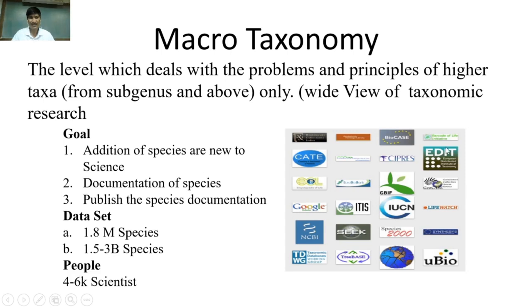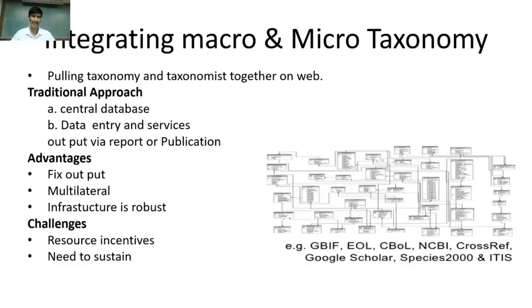These are the different institutes that build datasets for macrotaxonomy. About 4,000 to 6,000 scientists are engaged in macrotaxonomy. Then what is integrating microtaxonomy and macrotaxonomy? It is pulling the taxonomies together on a website or web portal. This is the integration part.